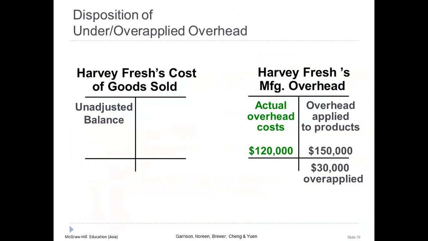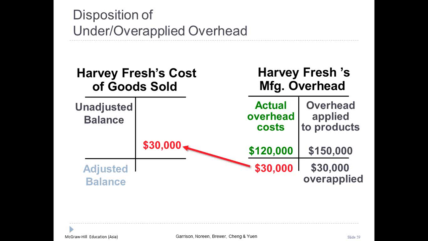Using T accounts, you can see it a little better. Harvey Fresh has applied $150,000 of overhead but incurred only $120,000 of overhead. So the manufacturing overhead account has a $30,000 credit balance, representing the overapplied overhead during the year.